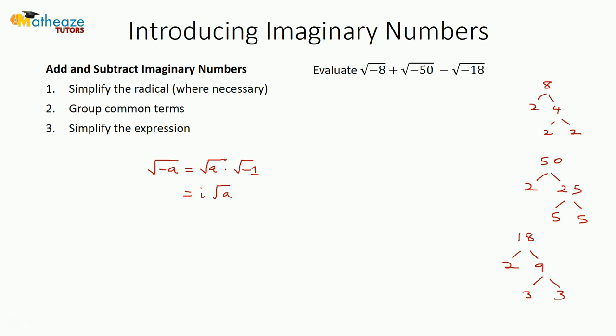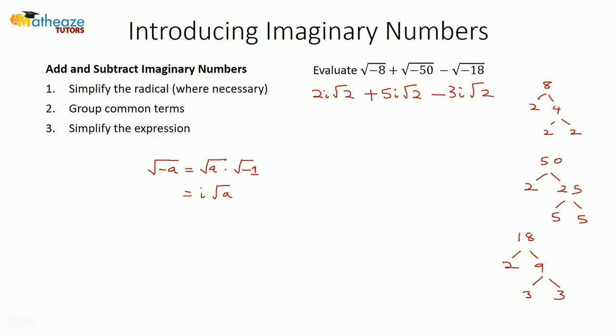So we're going to rewrite each of these radicals here as imaginary numbers. So square root of -8 is going to give us 2i square root of 2 plus 5i square root of 2 minus 3i square root of 2.